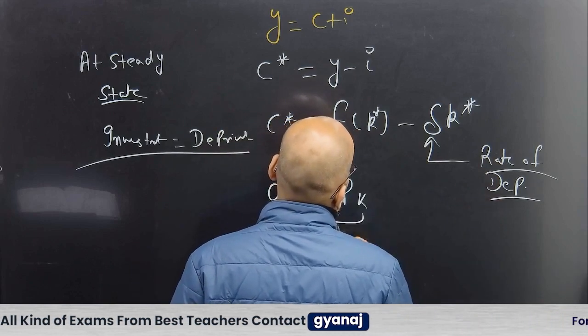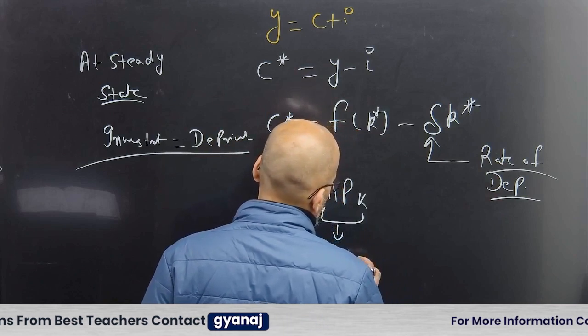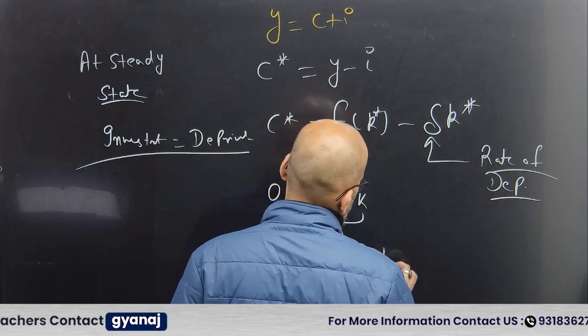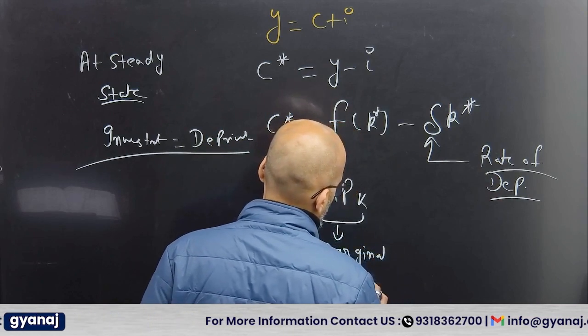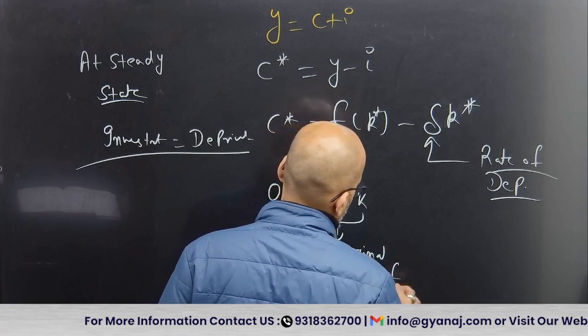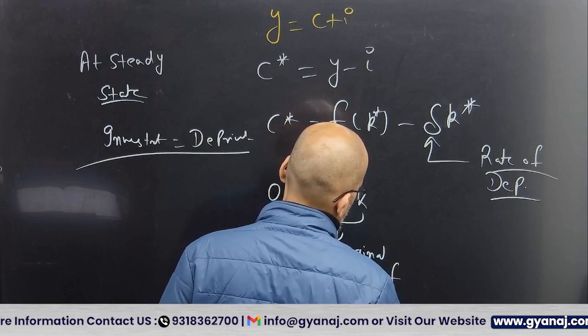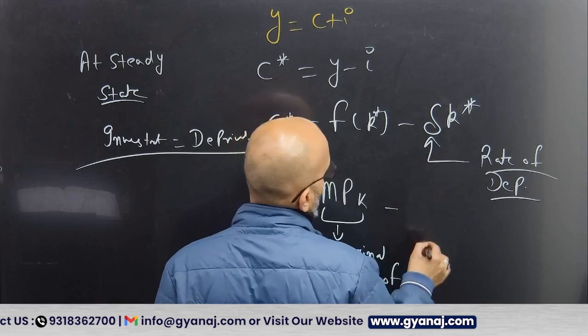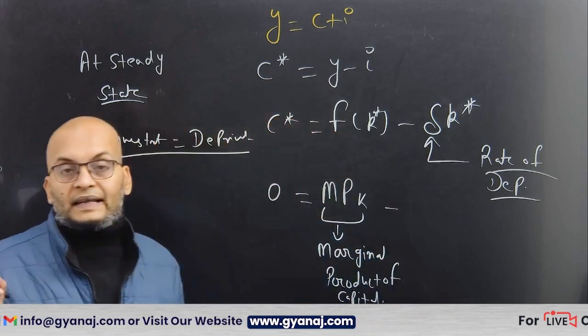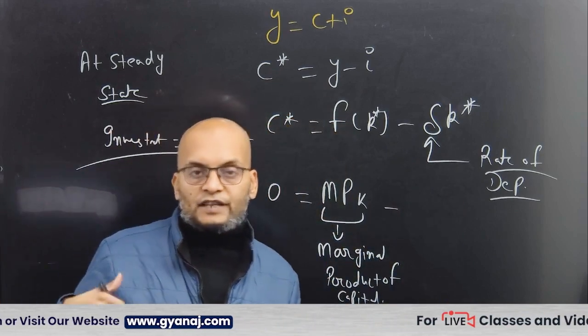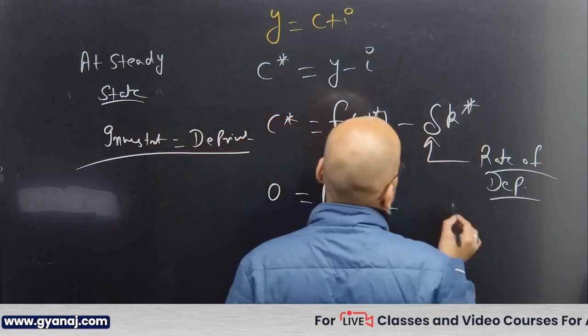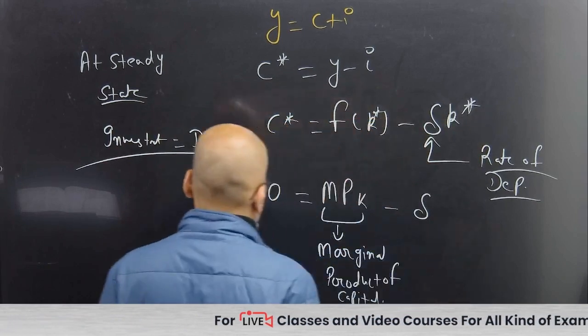This is marginal product of capital. Minus del K star, we are differentiating with respect to capital, so K star will be 1, you will get del.